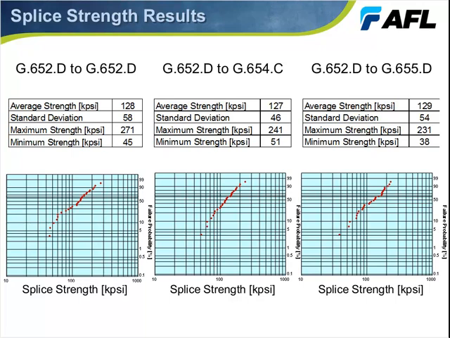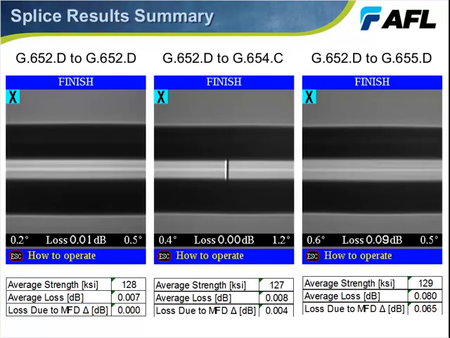So let's summarize the splice loss results on the following slide. And so we see a dramatic vertical line with the 652 to 655 fiber, but it has no effect on strength, and it really doesn't mean anything in terms of splice loss.